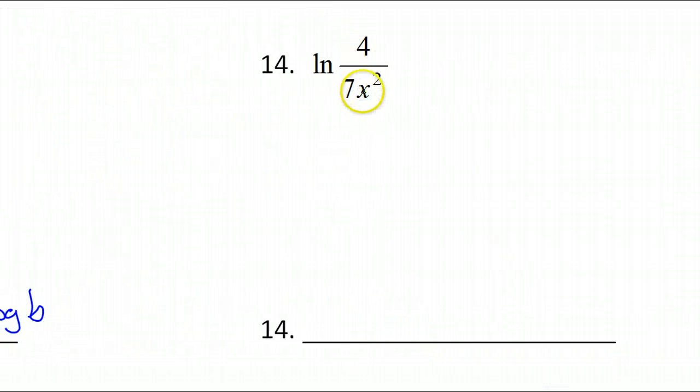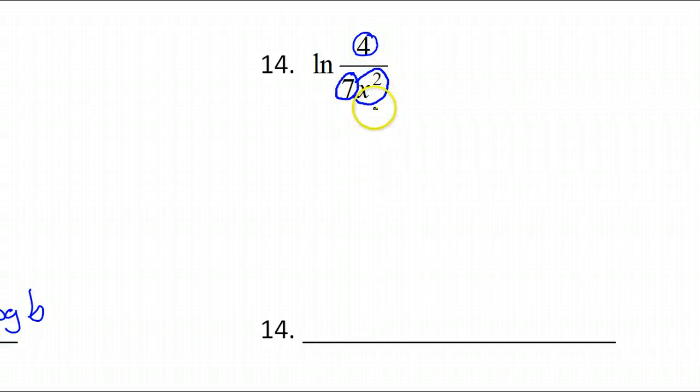Alright, number 14. The biggest mistake I saw was that a lot of students treated this as one thing, 7x squared, when in fact you have to treat this as two separate things. Alright, so really we have a 4 and a 7 and an x squared.